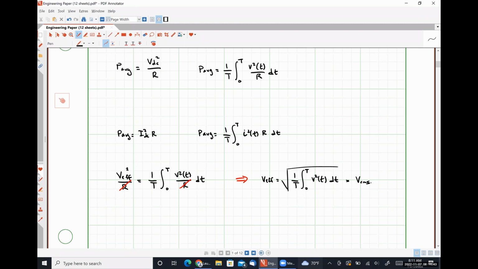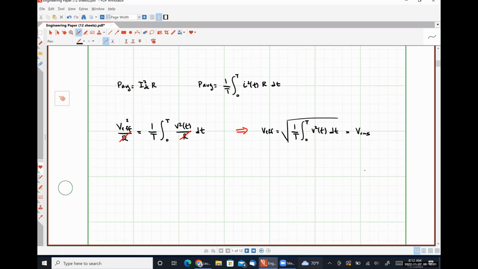And it literally tells us the mathematical operation that we do to get the effective value. We take the square root of the arithmetic mean or average of the square of the voltage, so RMS, okay?